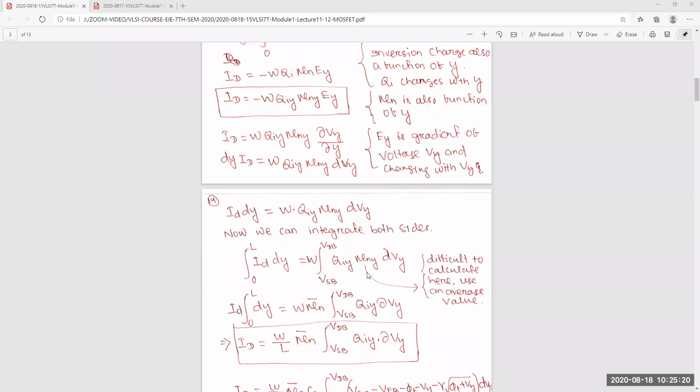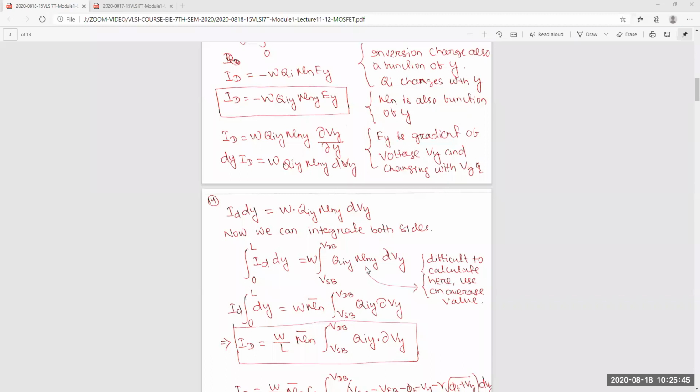So this mu_n also, actually here mu_n is also changing in the y direction. But we are assuming it is constant here, because otherwise the calculation will be very complicated. That's why we have given a subscript y. That means mu_n is changing in the y direction.